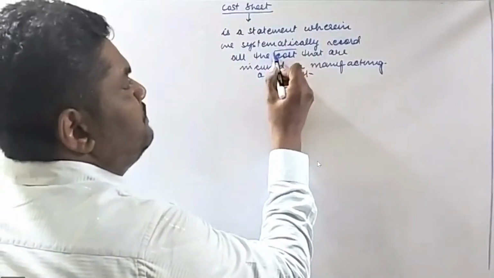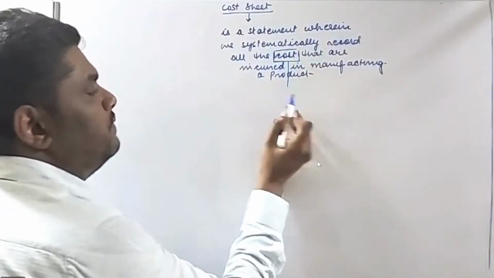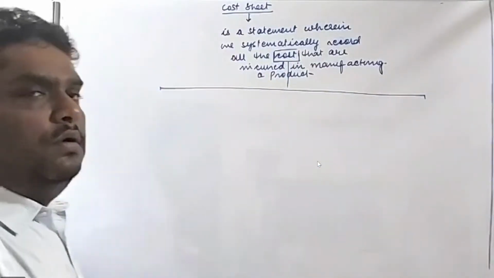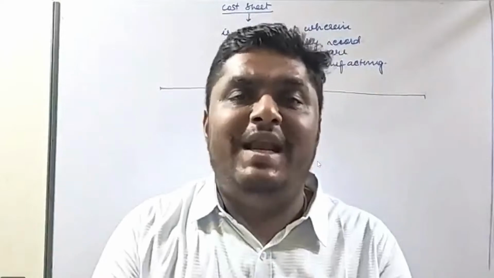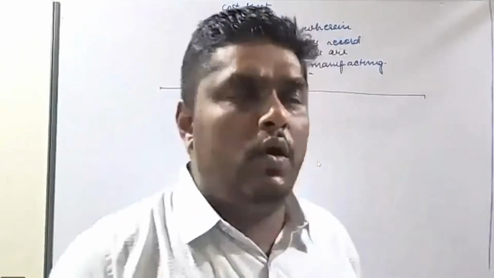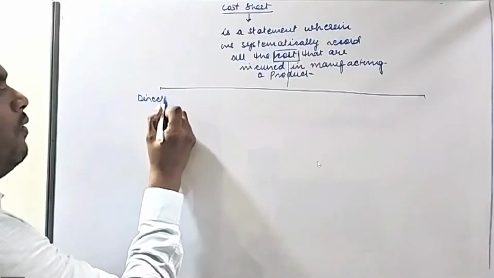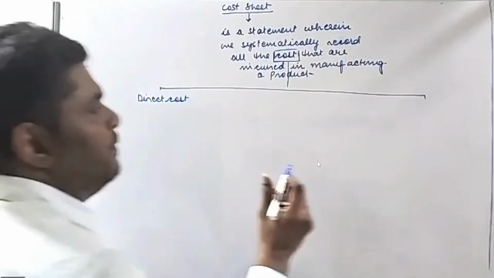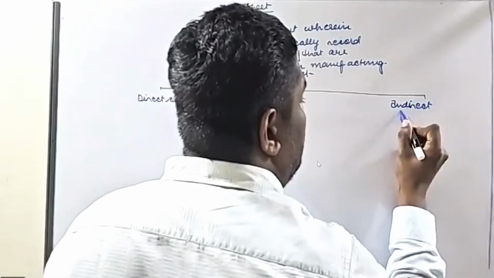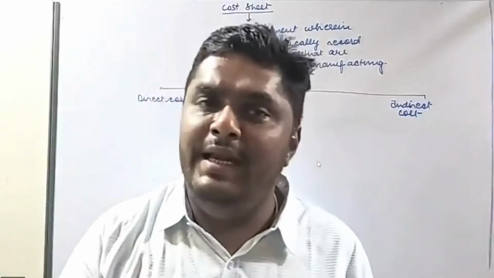Now, when talking about cost, cost can be classified in two parts, that is direct cost and indirect cost.